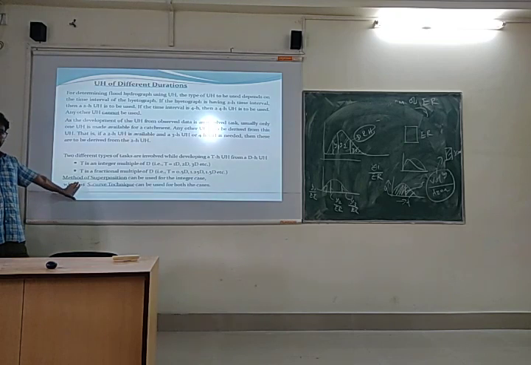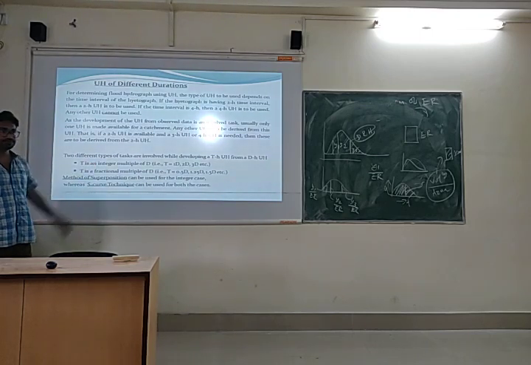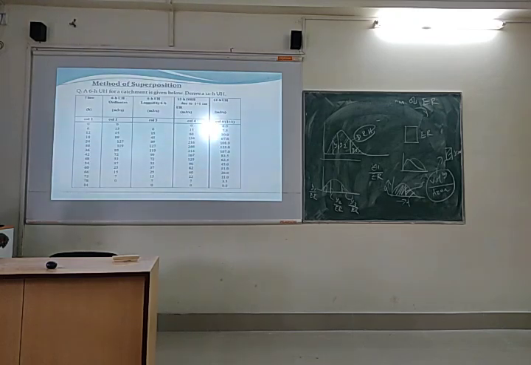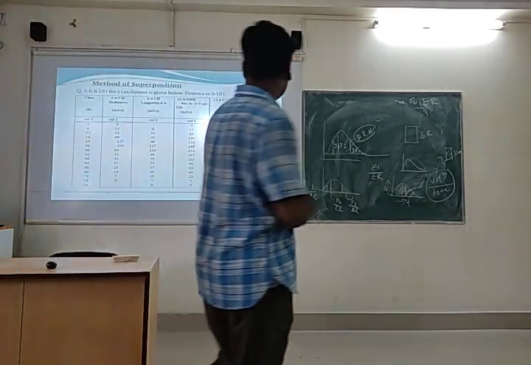If it is not, then we have to go for the S-curve, which can be applied to both of the cases, right? Let us discuss the first one, that is the method of superposition. This is the simple, easy one, right?